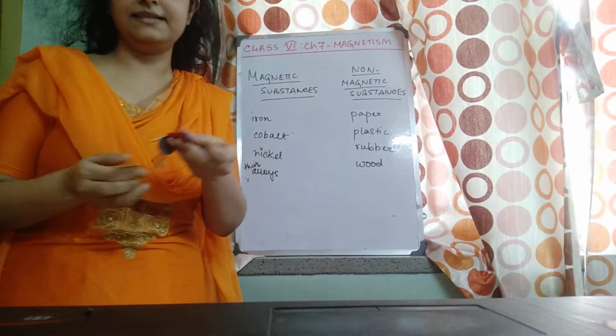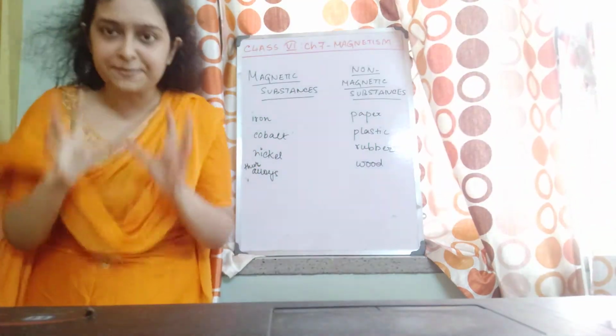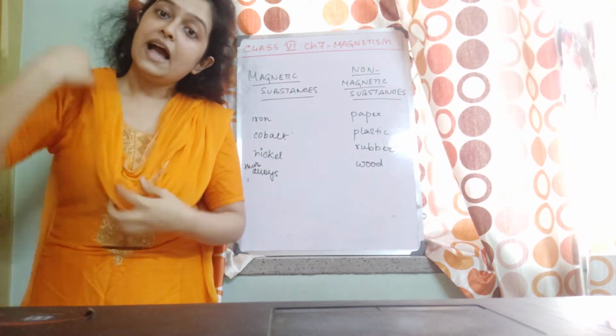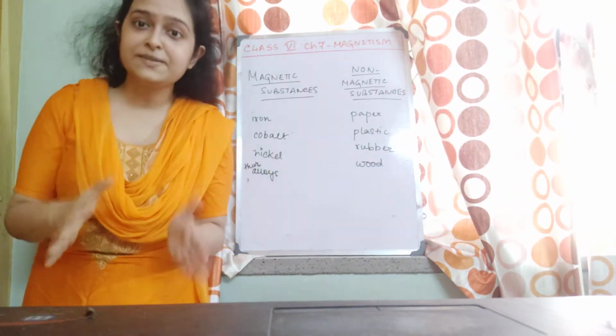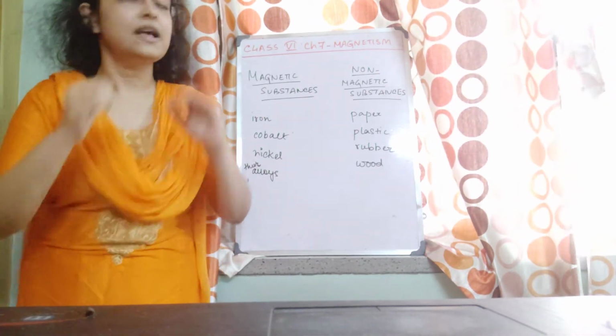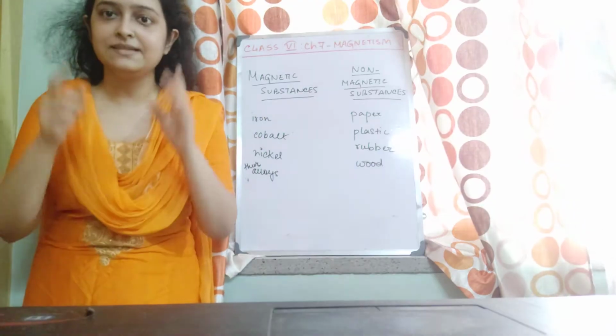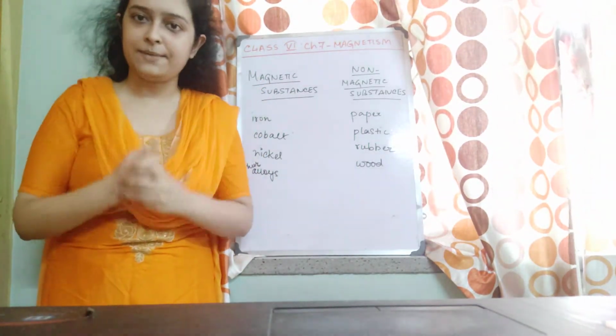So that means there are few substances which can be attracted by a magnet, right? Those substances which can get attracted by a magnet are known as magnetic substances. That means only the magnetic substances will be attracted by a magnet.